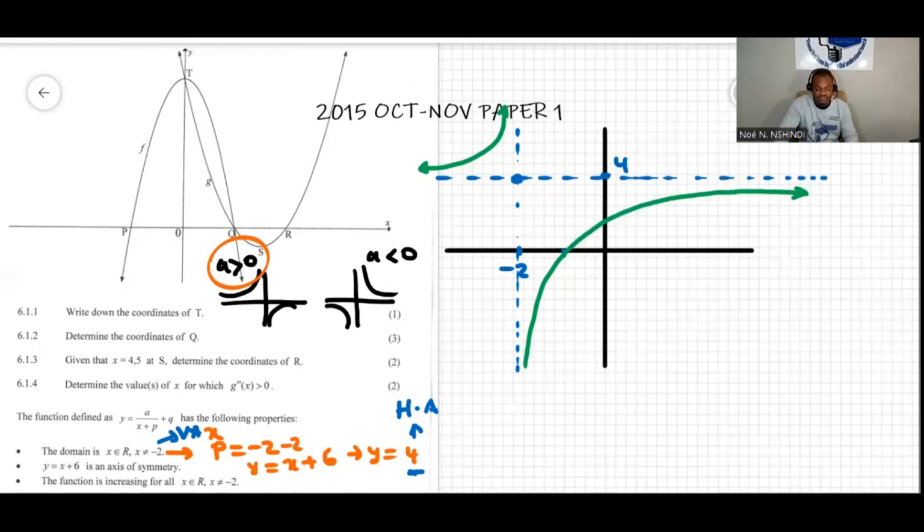If it is the axis of symmetry, we can find its y coordinate by substituting the value of x there, -2, and then we get y equal to 4. So this value 4 tells us that it is a horizontal asymptote. Now, because the function is increasing, meaning a is positive, the graph is of this form. It will increase like this, and also increase like that, but will never touch the asymptotes. So, thank you.